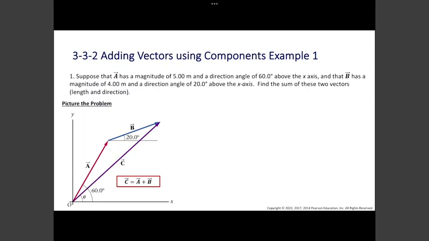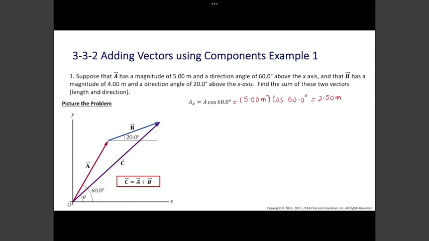So we are using the vector addition by component method. First let's find the components of each vector. The x component is A cos theta, which is cos 60 degrees. A is 5 meters times cos 60, and we get the answer 2.50 meters.